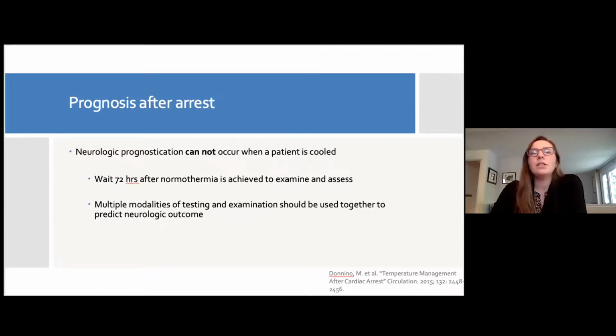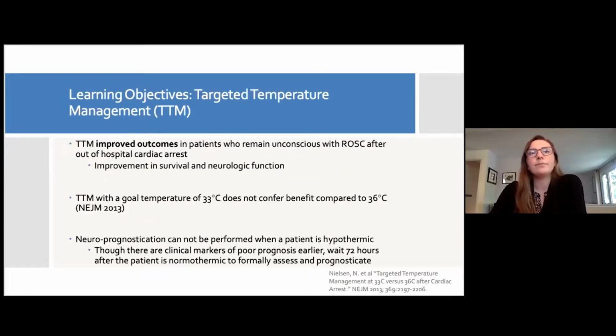And additionally, not to use a single modality of testing, but rather multiple modalities of both testing and exam maneuvers to predict neurologic outcomes. So here are our learning objectives for targeted temperature management. We'll remember that targeted temperature management improves outcomes in patients who remain unconscious with ROSC after out-of-hospital arrest.